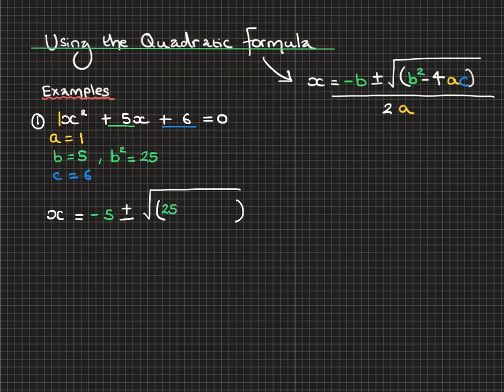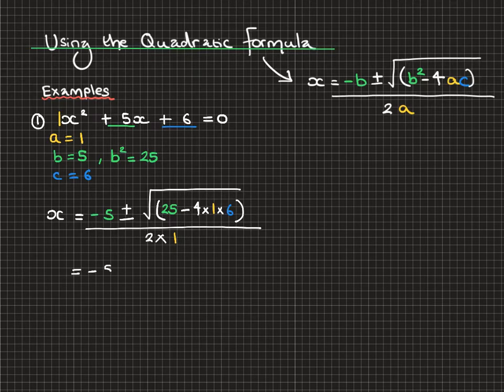So we have 25 minus 4 multiplied by a, which is 1, multiplied by c, which is 6. And this is all divided by 2 lots of a, which is 2 lots of 1. Really, we could just write 2 in the denominator there. Now, let's work out what we've got here.